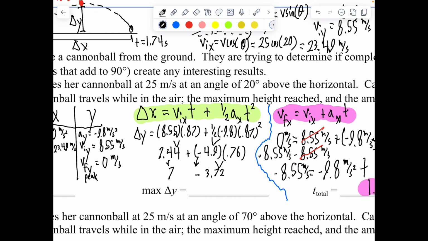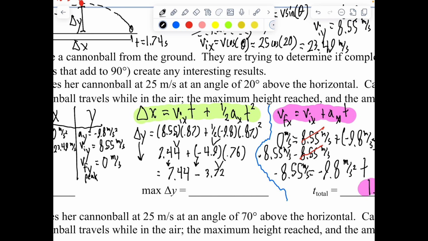Can't forget, we have our negative, so that negative needs to come down. And we still have our 7.44 as well. So really, this is 7.44 minus 3.72. That is going to equal our delta y right up here. Let's do that math. 7.44 subtract 3.72.